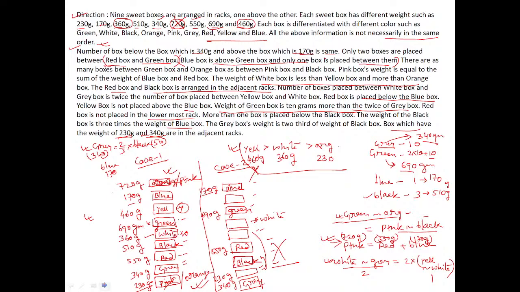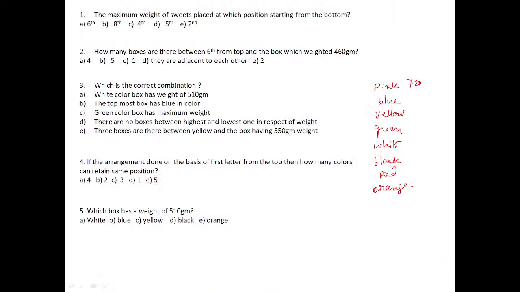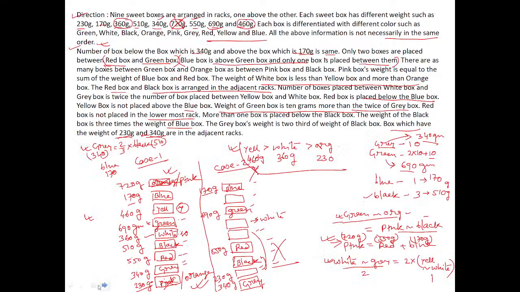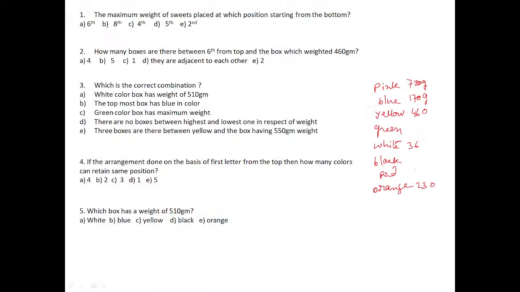720, 170. So this is 720 gram, this is 170 gram, this is 460, white is 360, orange is 230, and the rest of the values are 340, 550, 510.